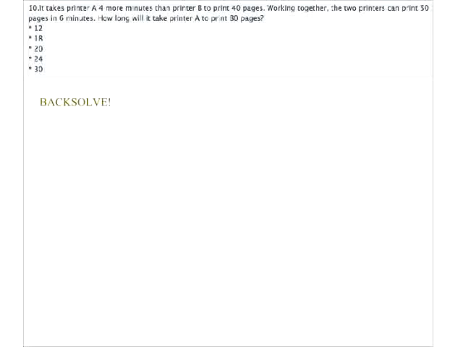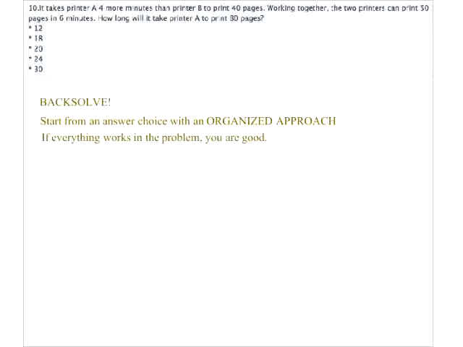So start from an answer choice. Make sure you organize your approach. And then if everything works in the problem, then you are good. When you plug in an answer choice, that's going to be the time taken for A to make 80 pages.